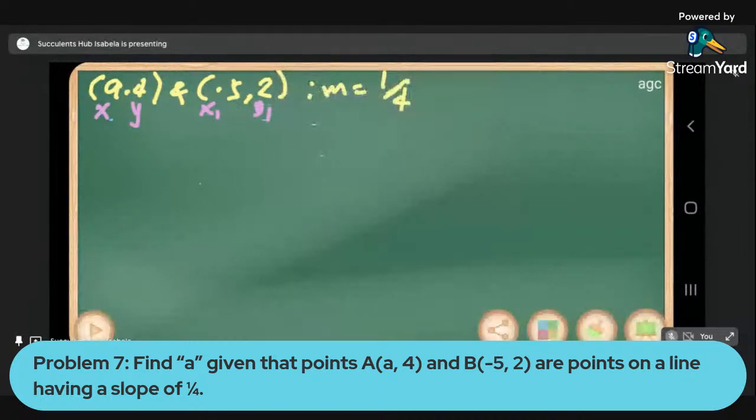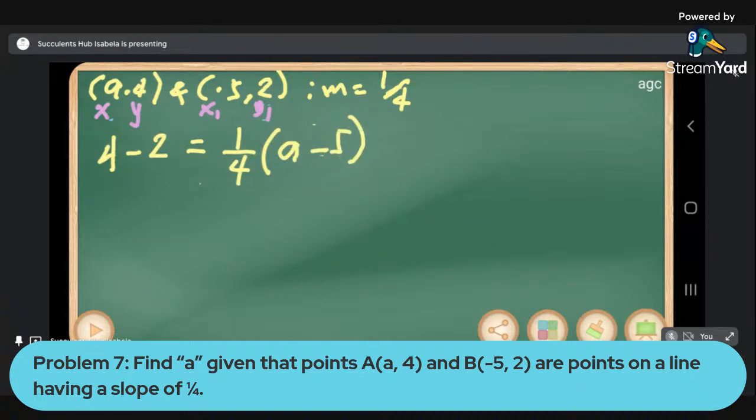So you will have y here is 4 minus y sub 1. Y sub 1 natin 2 is equal to the slope. Then x is a minus x sub 1 is 5. Ayan pala, sorry. So you have 2 is equal to 1/4 a minus 5.